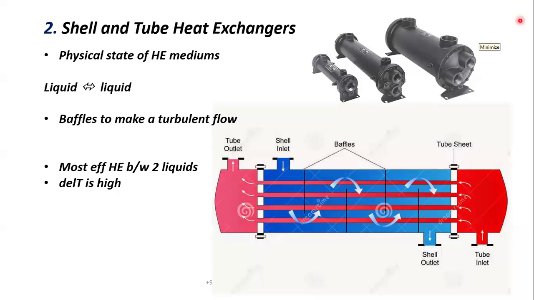So this is the exact idea that we are adopting inside a shell and tube heat exchanger also. That means simply from fluid A to fluid B, a small heat exchange will happen. For example, in the shell inlet, you will provide some fluid A, which is much cooler, and the other one is filled inside the tubes, which is fluid B, and it is too hot.